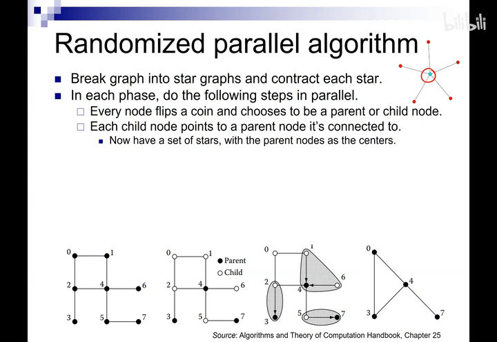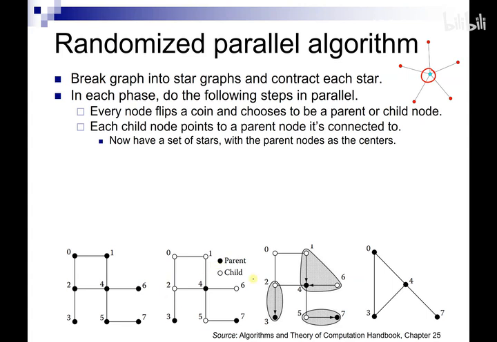If we start with this graph over here, the first thing is that all of these nodes are going to flip a coin. This is where we use the randomization. Based on the coin flip, if it's heads, they're going to be a parent node, and if it's tails, they're going to be a child node.